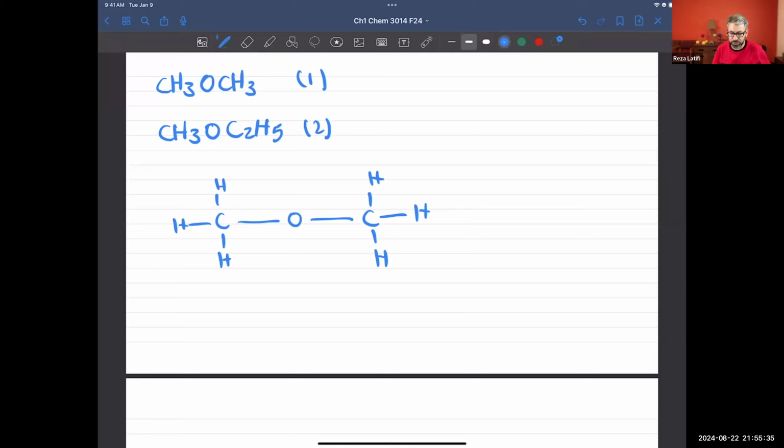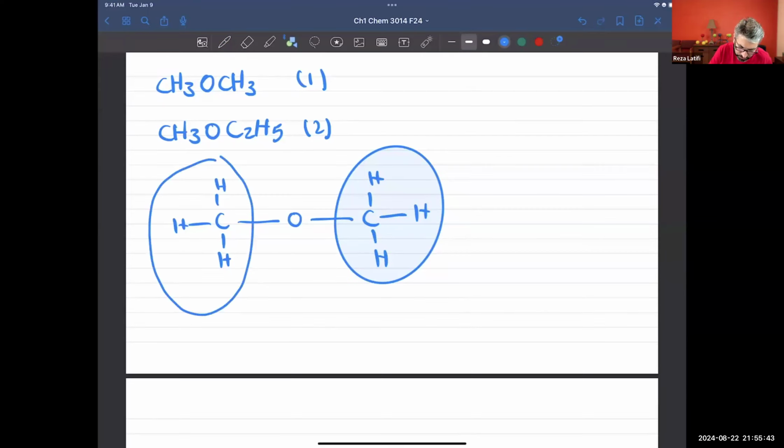What I want you to do is simply draw a circle around those two and say whether they are identical or not. Clearly, they are identical.